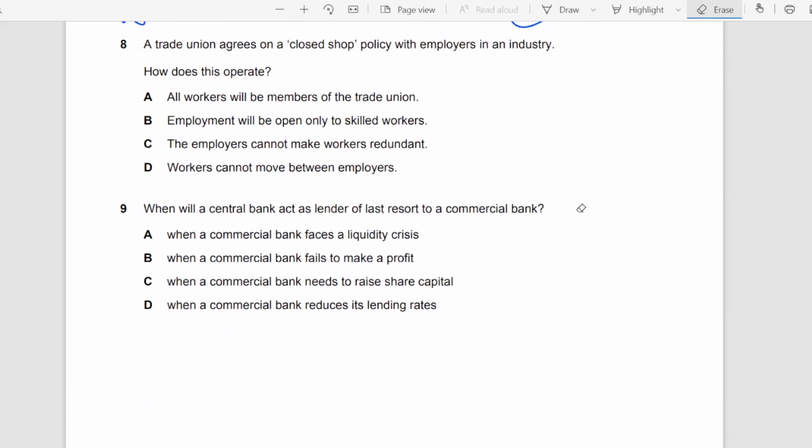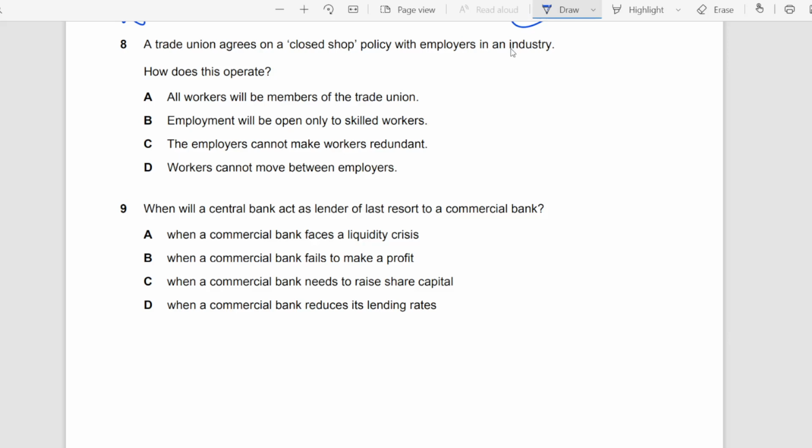A trade union agrees on a closed shop policy with employers in the industry. Now, this is very theoretical. For those of you who don't know what a closed shop is, let me explain. Closed shop is a term used when the company, or let's say the trade union, has a policy that all of the workers in the company will be members of the same trade union.